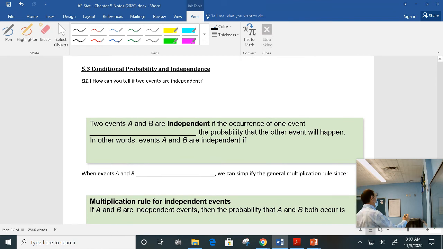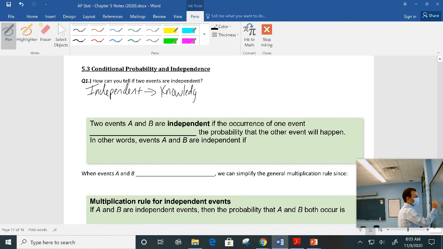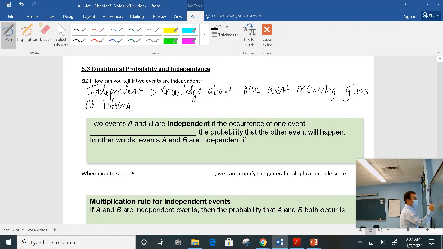So what does it mean for two events to be independent? Independent events means that the knowledge about one event occurring gives no information about the other event occurring.